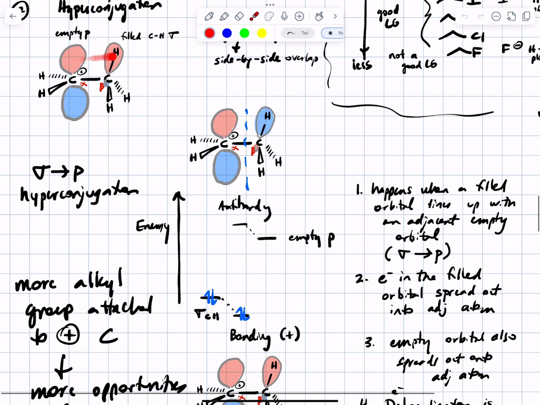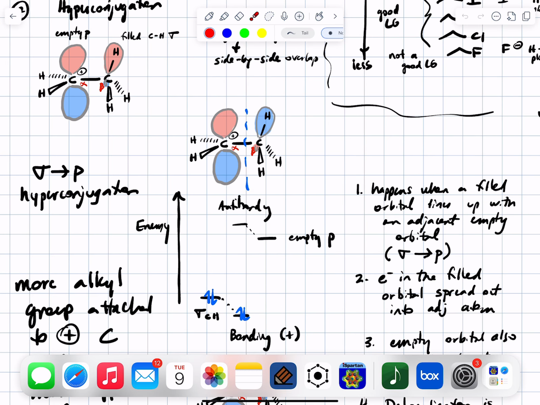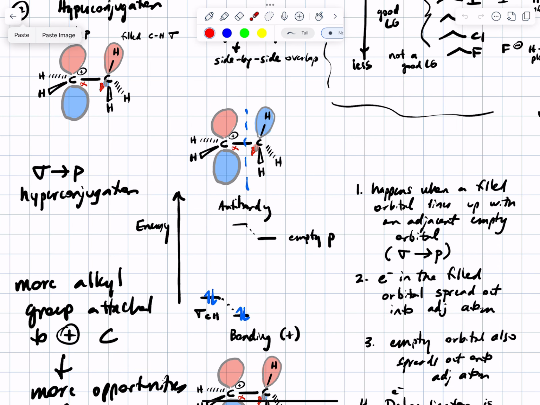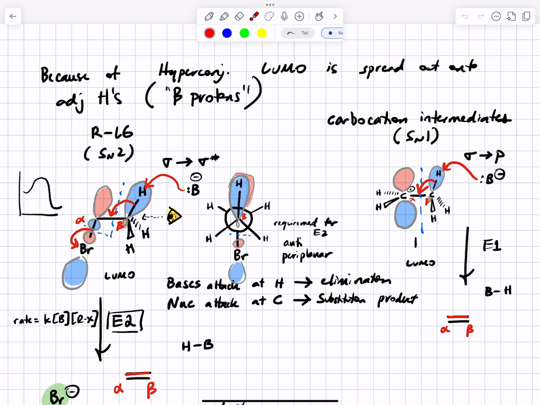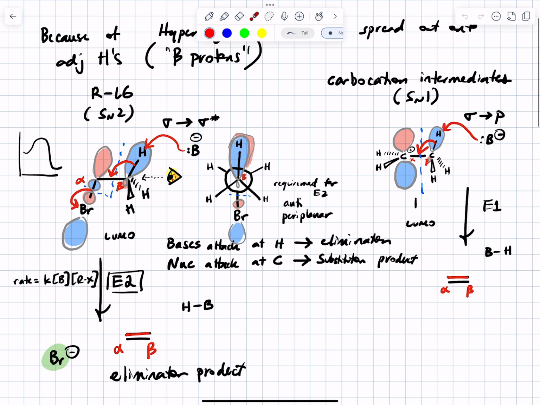The plus combination has them in phase, and that's where the electrons are. And then the LUMO, the minus combination, has them out of phase. And so that's what I'm showing you. I'm not showing you the other plus combination that exists. All right, sorry, got to get back to where we were. Other questions about E2?